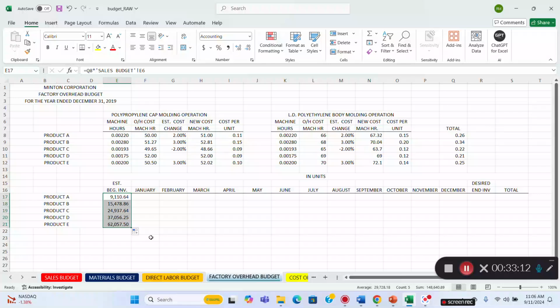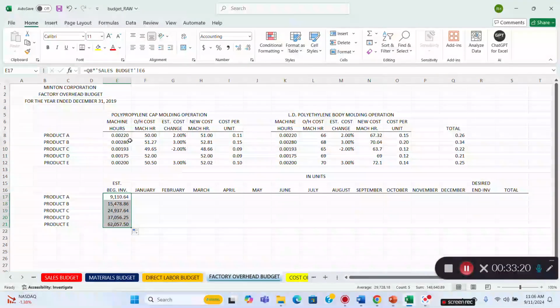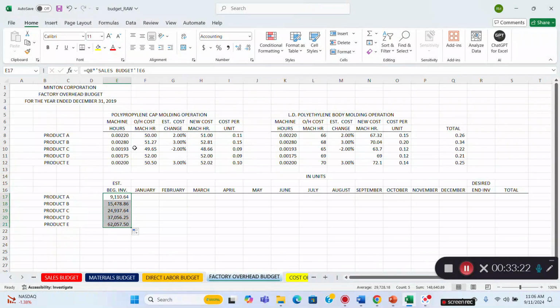Okay. Wait a minute. What did I forget? Well, I'll tell you what I didn't do. I didn't have a space here for the old cost. So consequently, these numbers are not right.